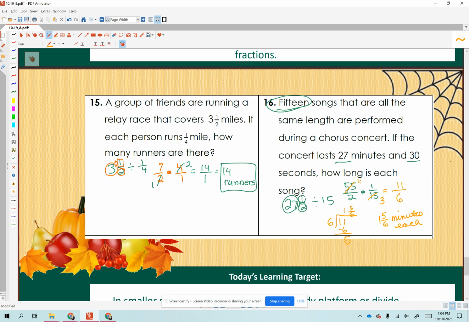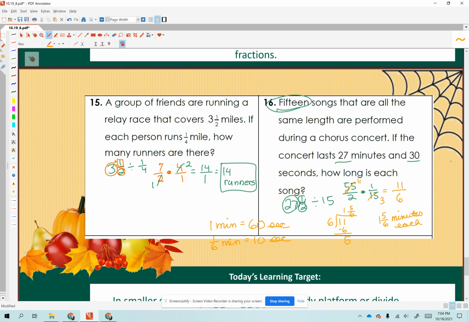But you could also figure out how much is 1/6 of a minute. Well, 1 minute equals 60 seconds. So a 1/6 of a minute is going to equal 10 seconds.